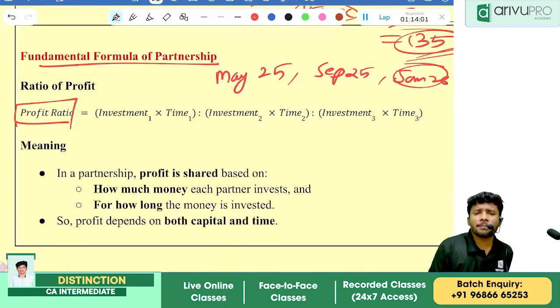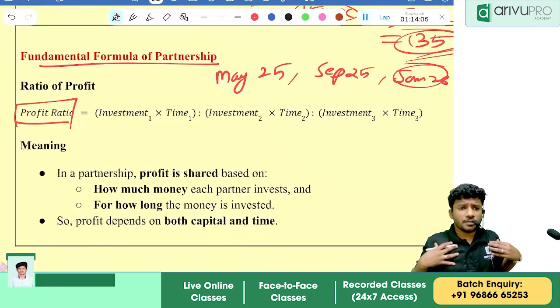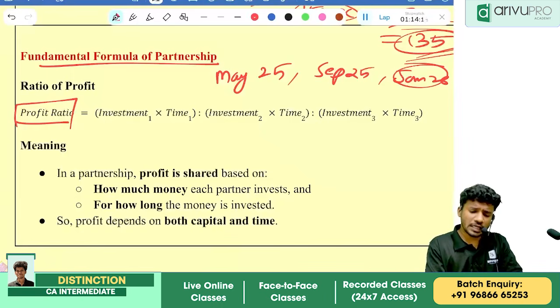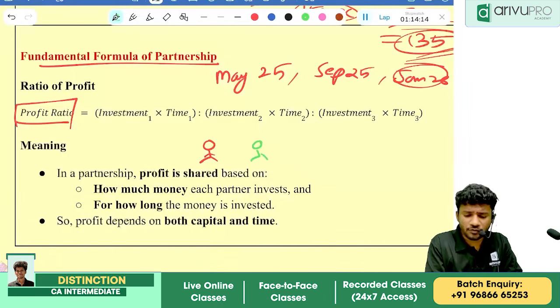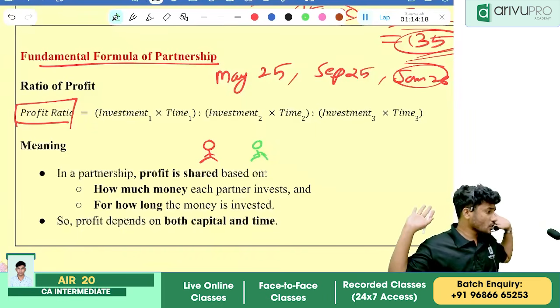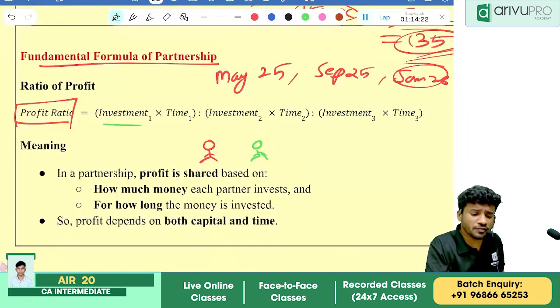Profit ratio in a partnership can be written as, for example, I am investing in 2 schemes. Or think about me, then another person is also joining in with me for the investment plan. I started the calculator business with an investment of 50,000 rupees.